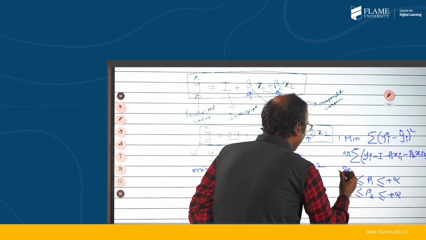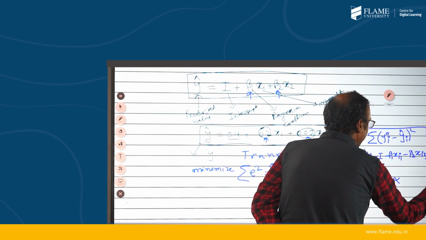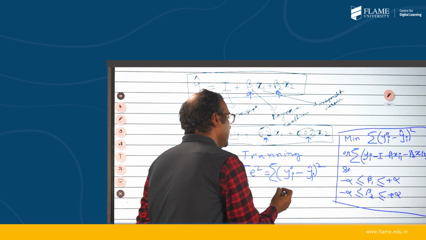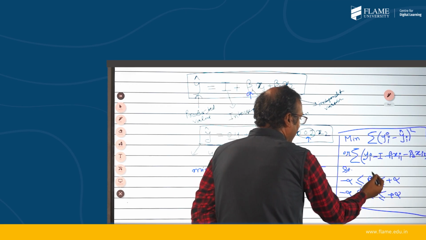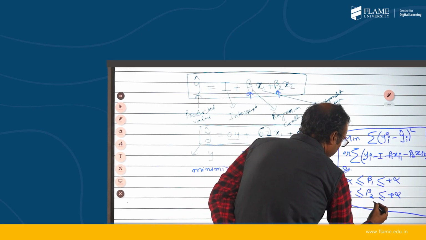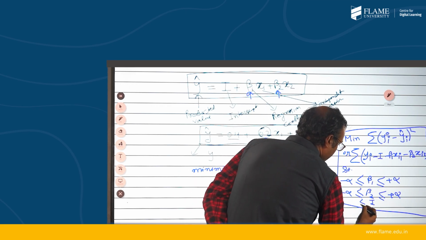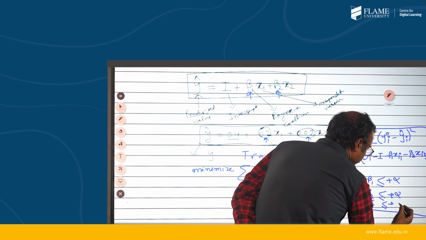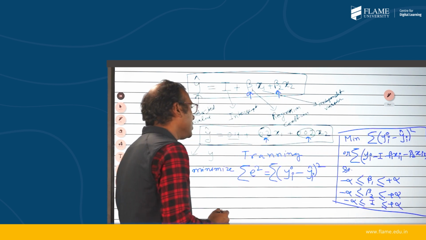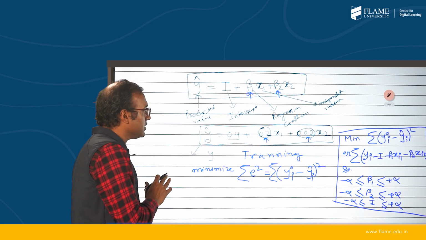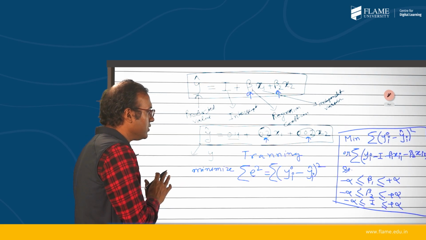So, this entire problem is solved through your training process, and you actually get the values beta 1, beta 2 and beta 0 as well. So, hope you understood the basics of this linear regression and how to use it.